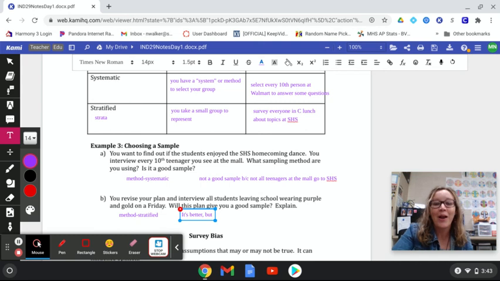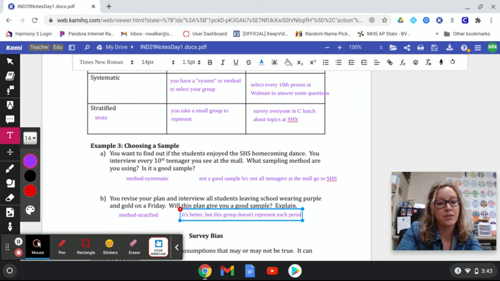But there are other people that attend dances that aren't essentially the planners or the super involved students. Everybody goes to the homecoming dances, but this group doesn't represent each person at SHS.